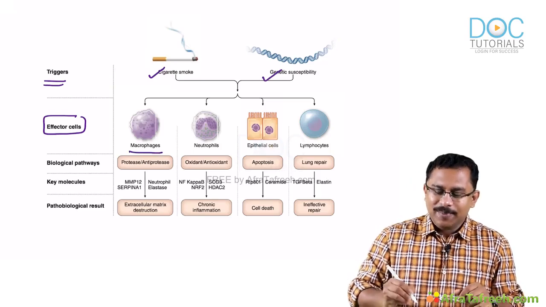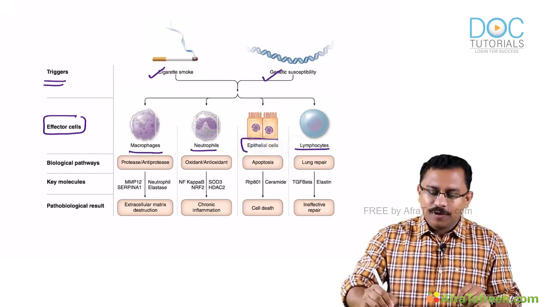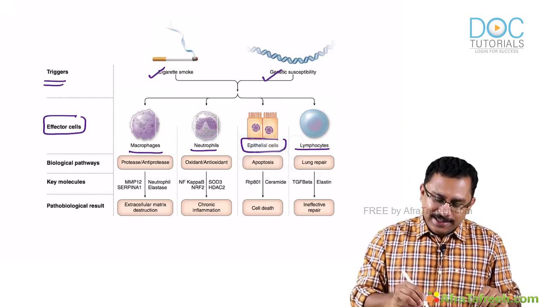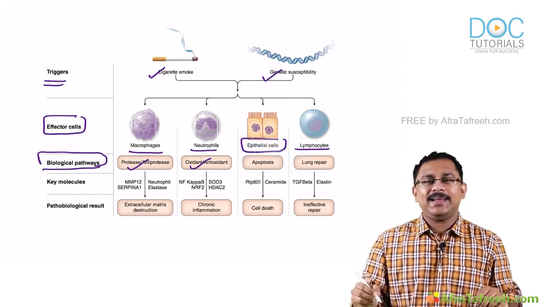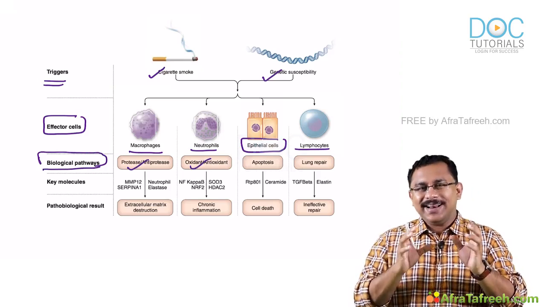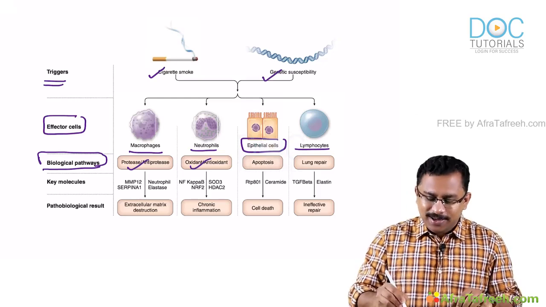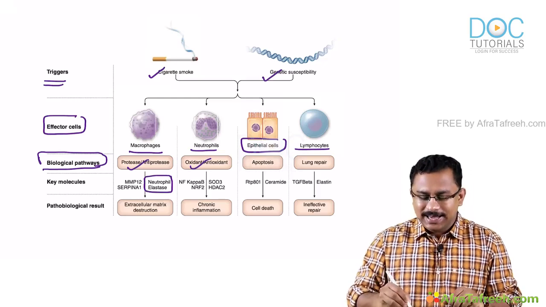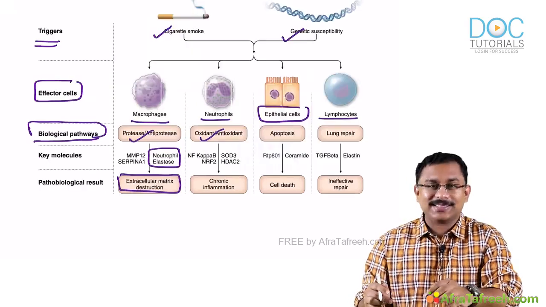You have the macrophages, neutrophils, lymphocytes, and there is a role for the epithelial cells as well. And the various biological pathways, you remember the two important pathways I mentioned, where normally the balance is important, but that balance is disturbed here. Because of that, enzymes like elastase are released, which cause the destruction of the extracellular matrix.